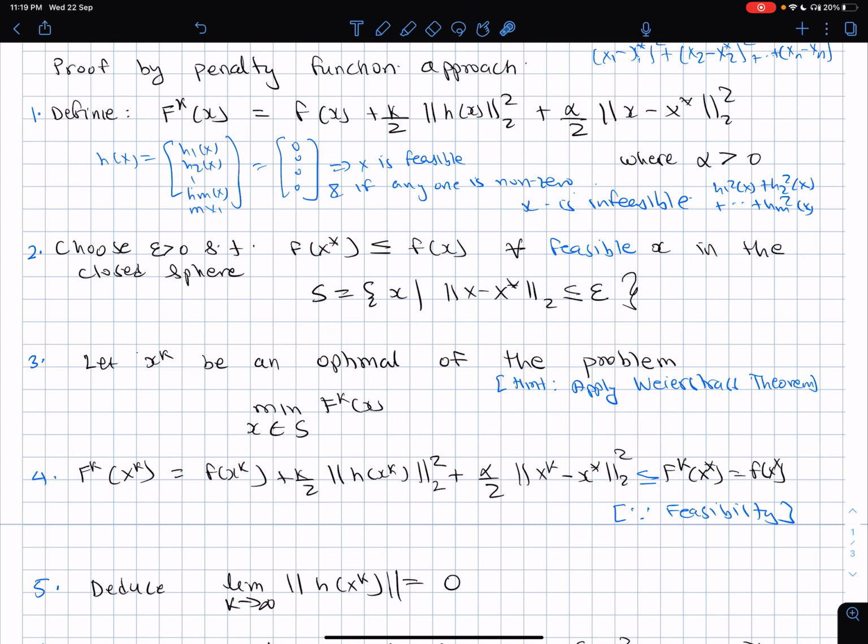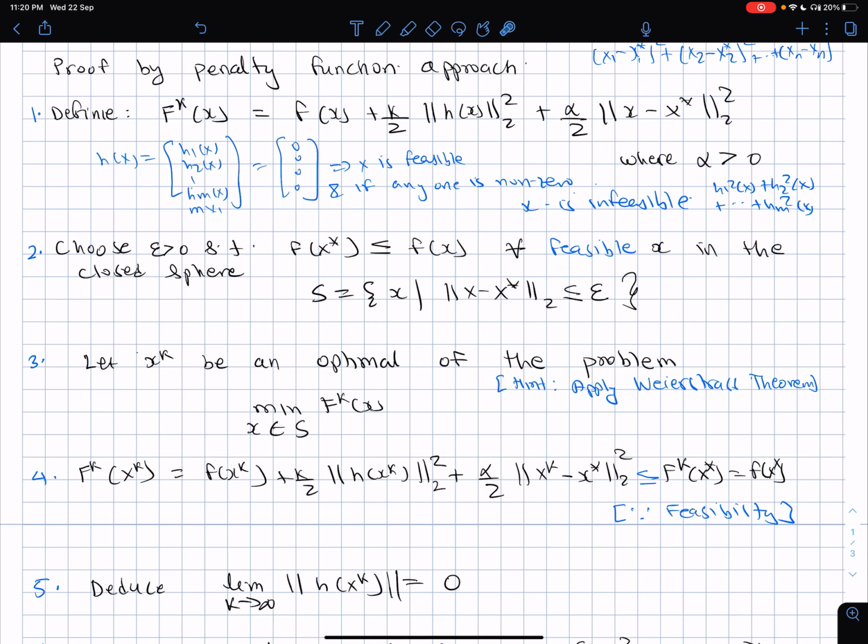Suppose the value at x star is 5. An infeasible point could even have the value 4. It doesn't matter, because an infeasible point could have a value lower than my local minimum objective function value. But no feasible point can have a value lower than 5 in that neighborhood. So that's why the word feasible is important here.